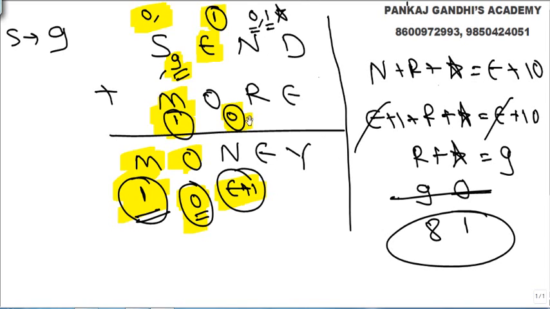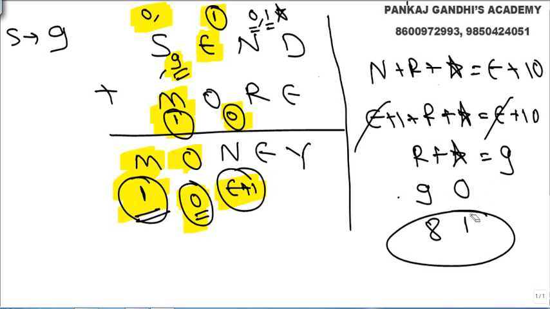N plus R plus this carry forward is E plus 10. N's value is E plus 1. We solve it: R plus carry forward is 9. So if R is 9 and carry forward is 0, it's 9; carry is 1, it's 8.